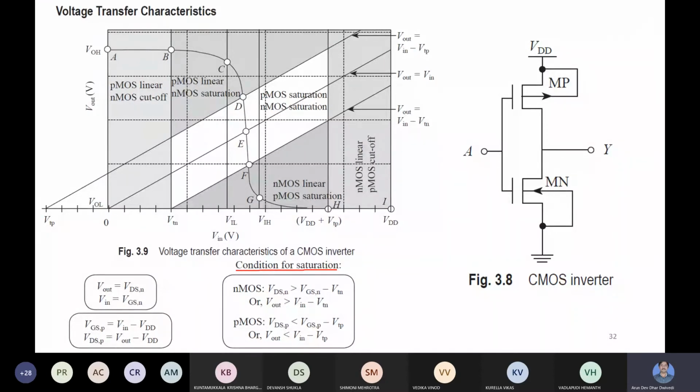Total capacitance will be considered as all internal capacitances as well as the gate capacitance of the load stage, and the interconnect stage, where some wires are there, so they have some capacitances due to interconnects. So all kinds of capacitances will be added together.